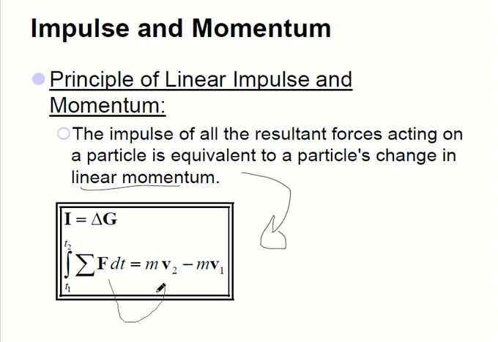Now we're making a simplified version of it. That's just telling you it is final momentum minus initial momentum. It's going to give you how you go with the force from time 1 to time 2.